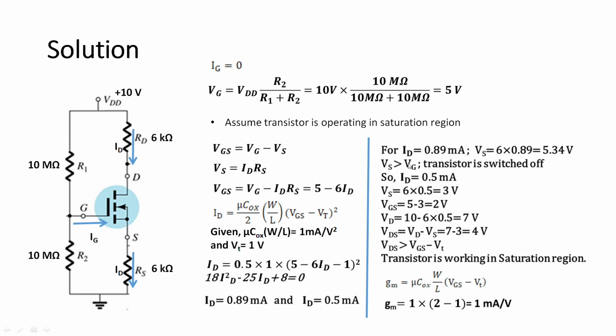So Vs is greater than Vg. So this transistor is not switched on, as Vs is greater than Vg.